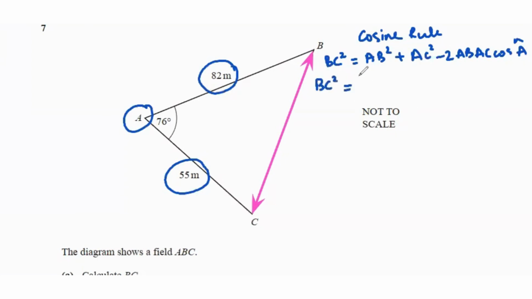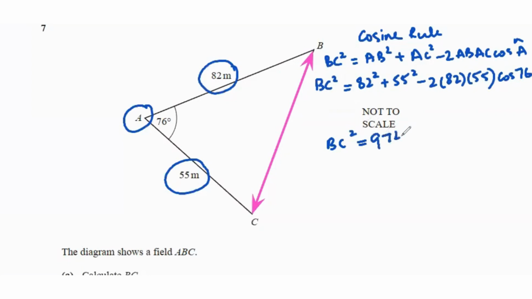So we'll do 82 square plus 55 square minus 2 times 82 times 55 times cos of 76, which will give us 9,749 minus 2,182.14.